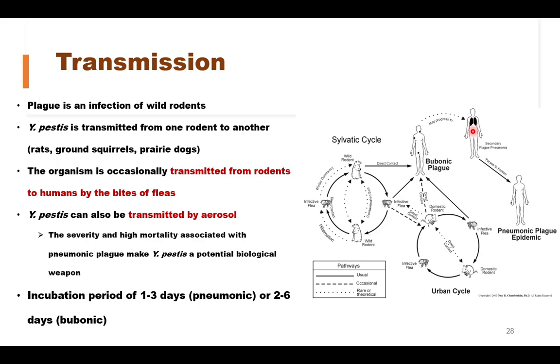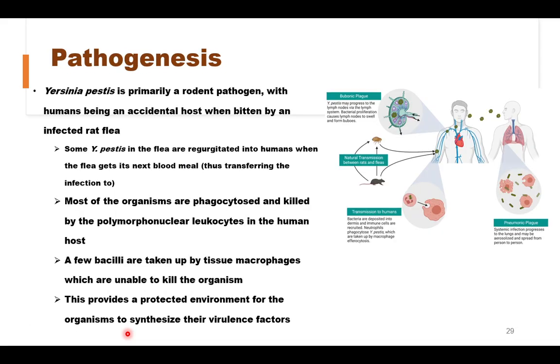So you can now have human-to-human transmission. Is that clear? The incubation period is about 1 to 3 days when you're dealing with infection involving the lungs, that's the pneumonic plague, or it can be 2 to 6 days when you're dealing with lymph node involvement, that's the bubonic plague.